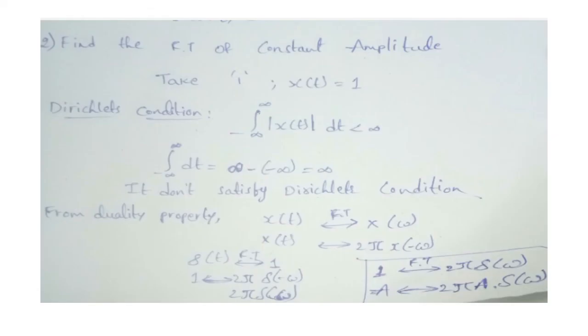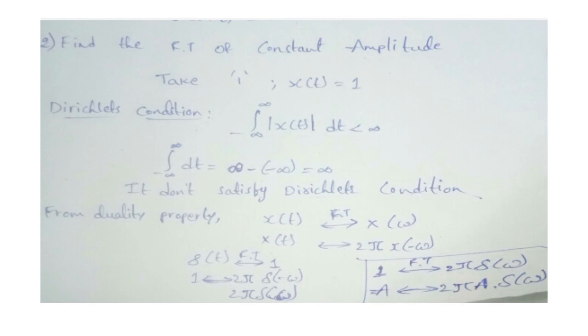If we consider the Fourier transform of a constant amplitude, take 1 as the constant amplitude, so x of t is equal to 1. According to Dirichlet's condition, the integral from minus infinity to infinity of x of t into dt should be less than infinity, meaning it should be a finite value.